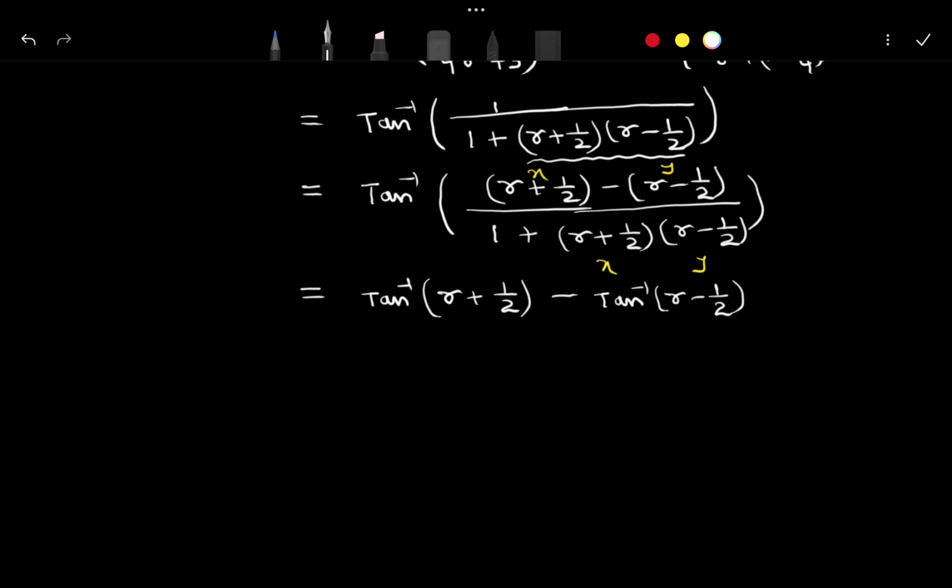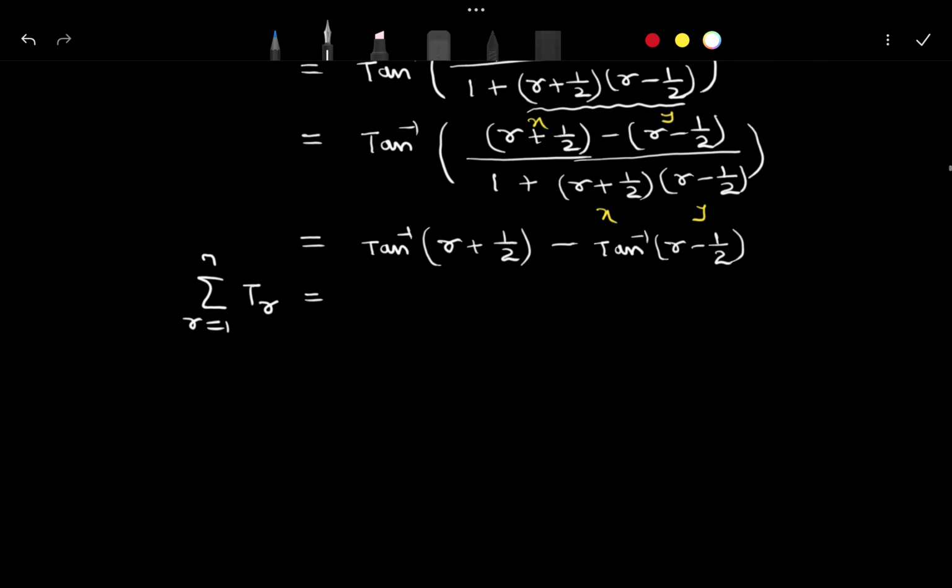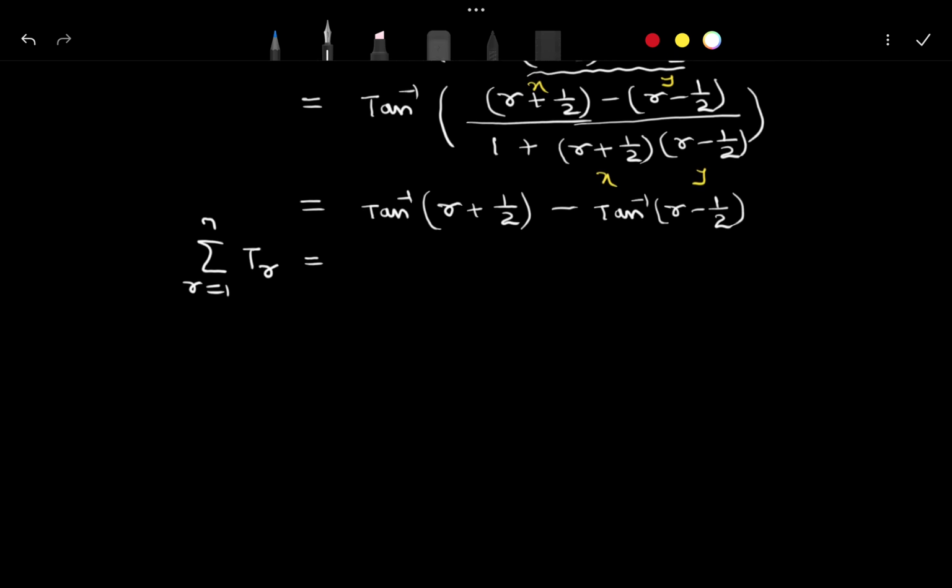After that you have to find the sum of the infinite terms. As I told you before, to find the sum of the n terms you take sigma of the general term, sigma r equals 1 to n of T r. If r is 1 that gives the first term, r is 2 gives the second term, r is 3 gives the third term, and so on, and r equal to n gives the nth term.